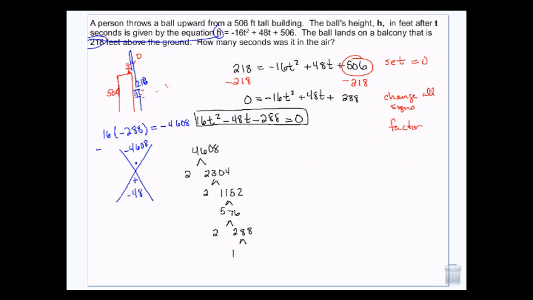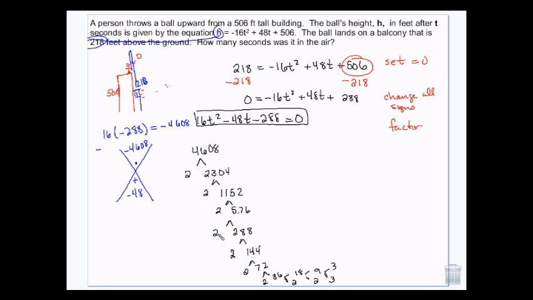No, sorry, that was supposed to be 2 and 576. Okay. And then 576 is 2 times 288. And then 288 is 2 times 144, which is 2 times 72, which is 2 times 36, which is 2 times 18, which is 2 times 9, which is 3 times 3. Lots of 2's.